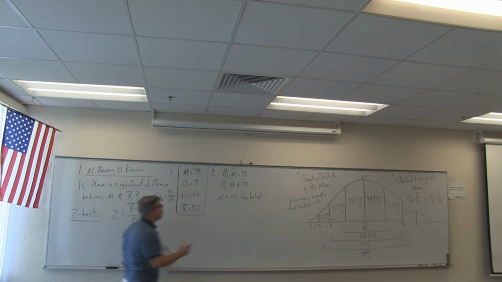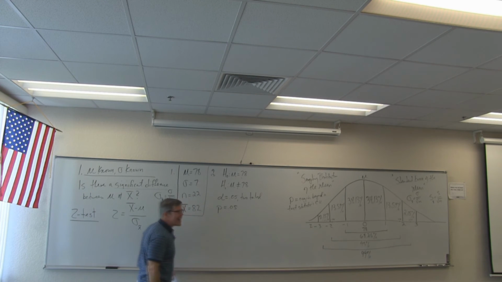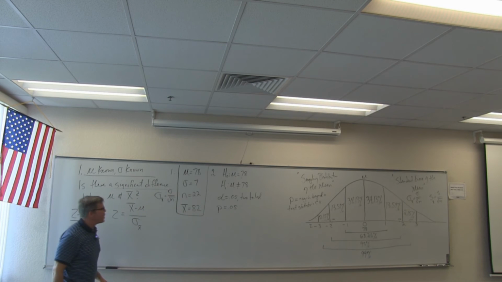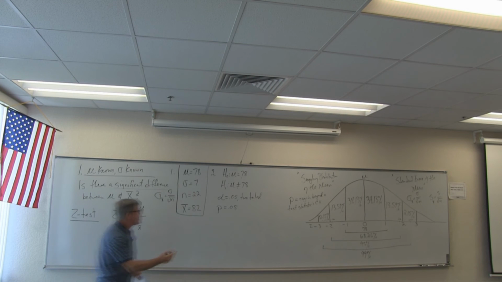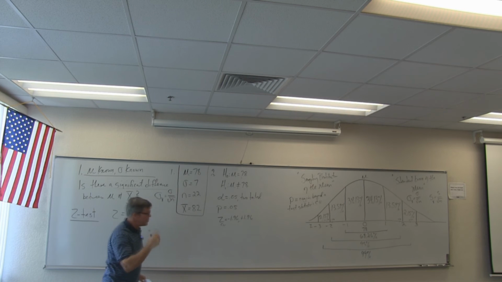We know that before we run any statistical test, p equals alpha. In this particular case, our z critical values are negative and positive 1.96. And we need to know why this is.